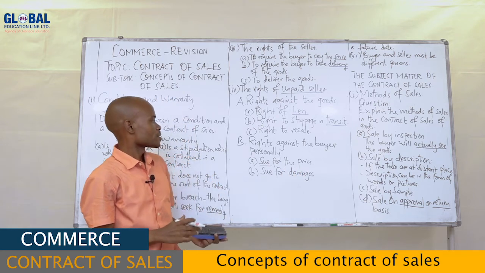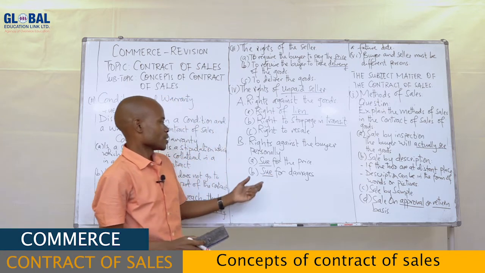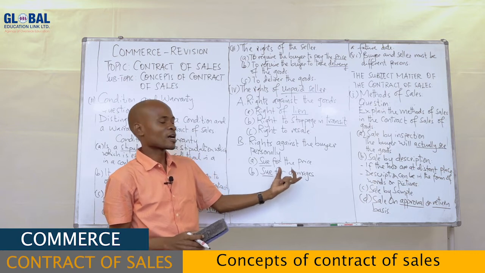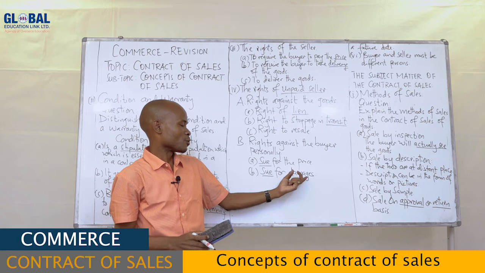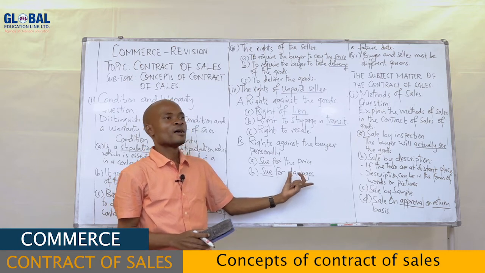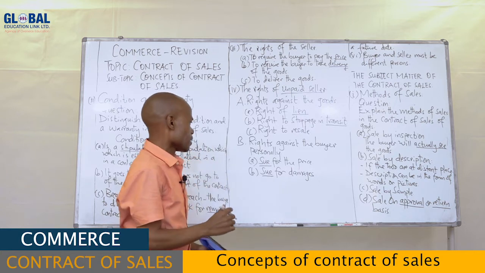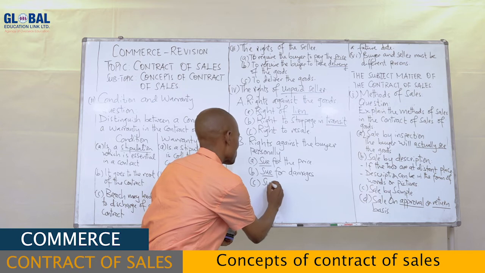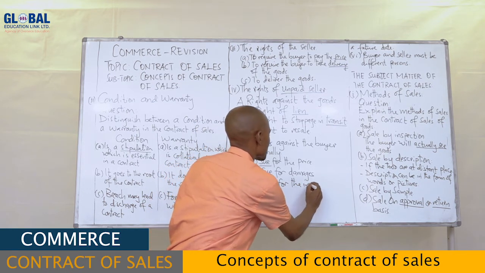So the seller will sue for damages, because the seller shall have incurred some expenses to deliver the goods, but the buyer has refused to accept them. Then another is to sue for the interest.